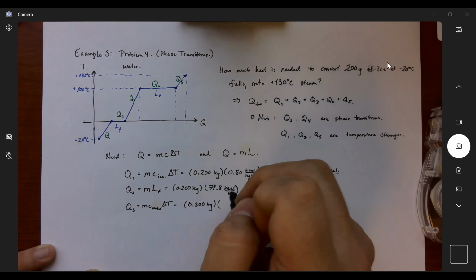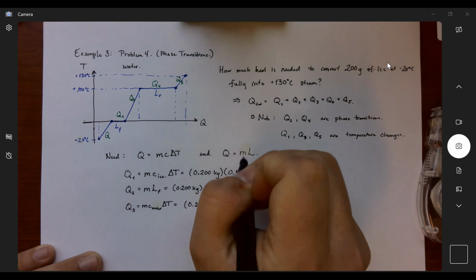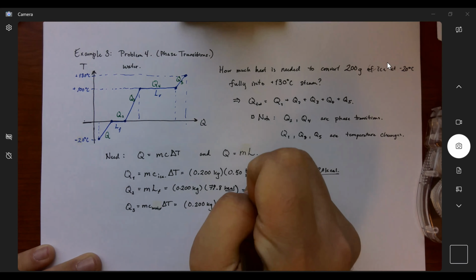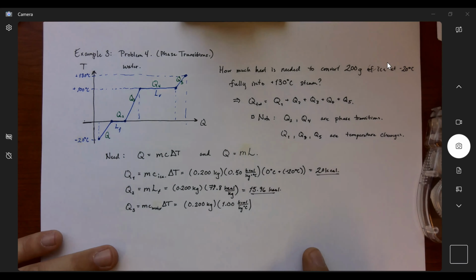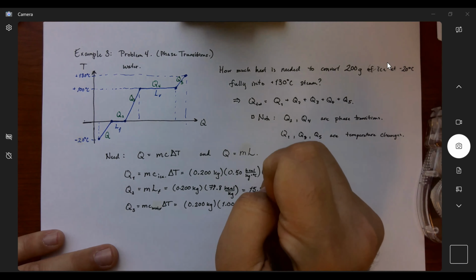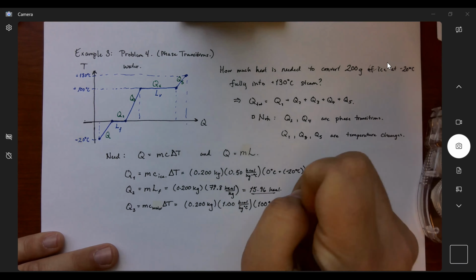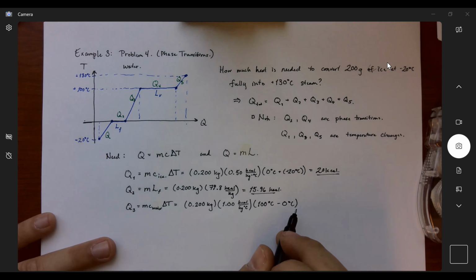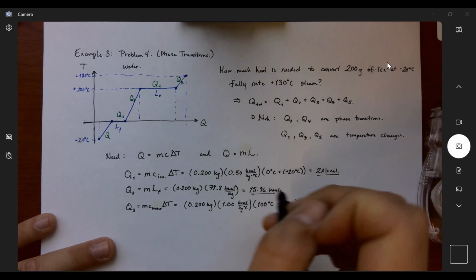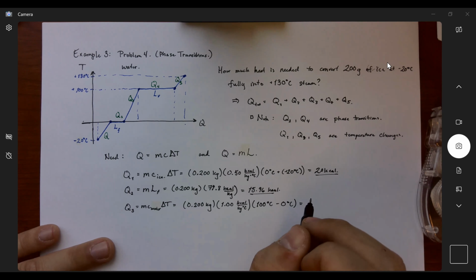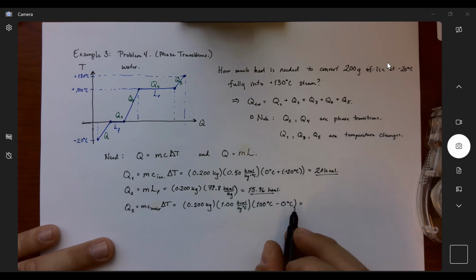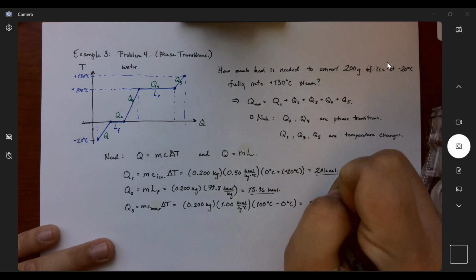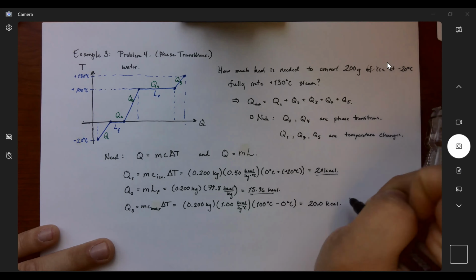The specific heat of water is 1 kilocalorie per kilogram degrees Celsius. And for us, our temperature change final is 100 degrees Celsius, and our initial is 0 degrees Celsius, which makes it just 100 degrees. And so we multiply that all together, and we get 20.0 kilocalories.